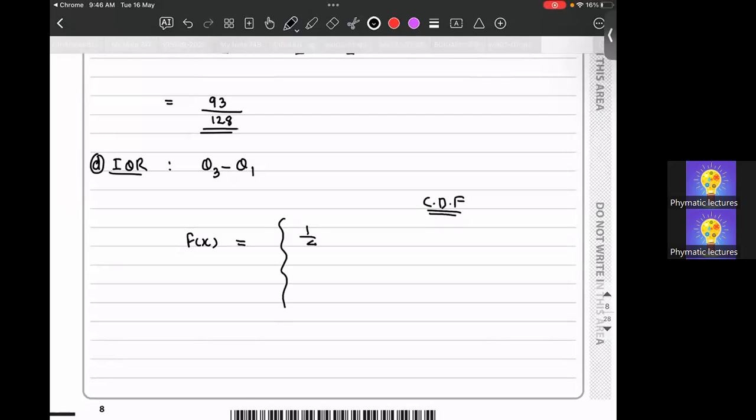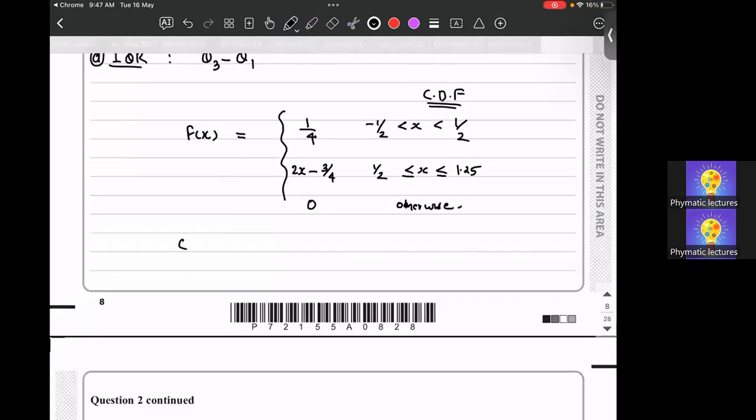It is 1/4 when it is between minus 1/2 to plus 1/2. Then it is 2x minus 3/4 between 1/2 to k. K we already calculated, that is 1.25, correct? And 0 otherwise.